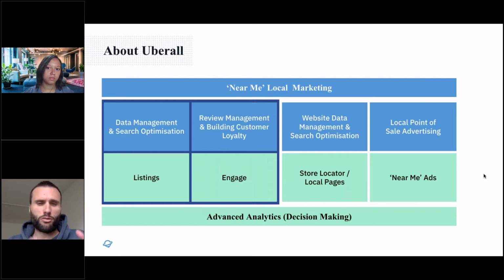So we're going to focus specifically on these categories today, but we also do website data management and search optimization, local ads and near me ads, and data analytics of all this goodness as well.